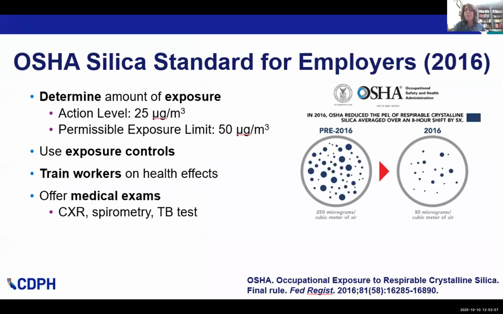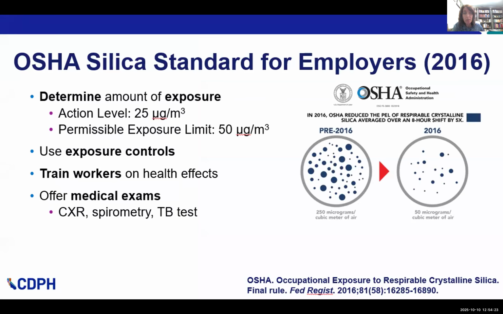Well, as it happens, federal OSHA introduced a new silica rule in 2016, and that was adopted by CalOSHA, our state program here in California. This new rule lowered the exposure limit for respirable crystalline silica several-fold to 50 micrograms per cubic meter, and it added an action level of 25 micrograms per cubic meter, after which certain steps have to be taken.